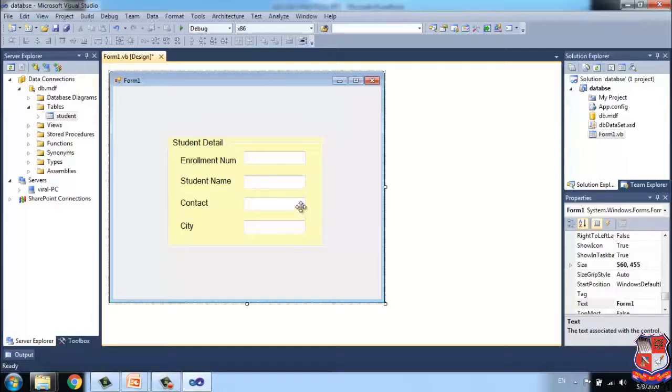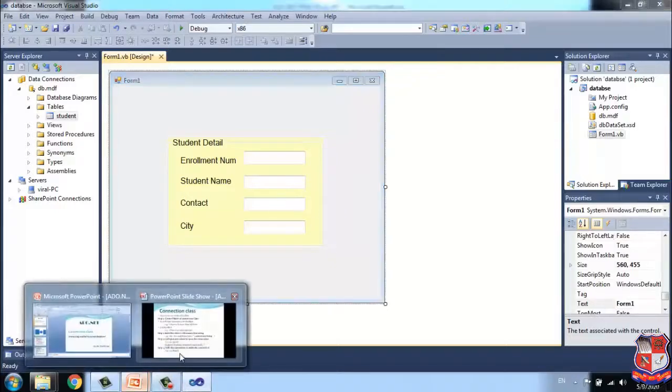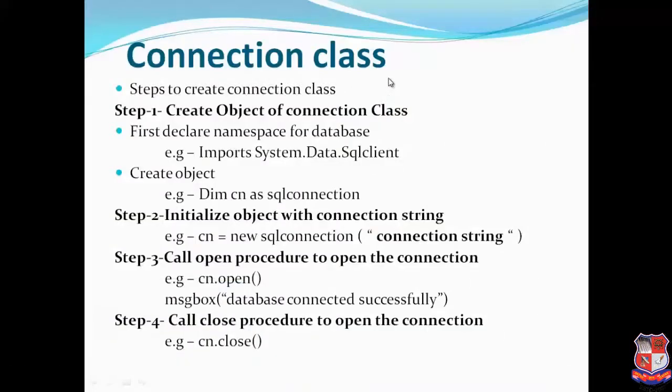In ADO.NET there are 4 classes we saw in the last video: first is connection, second is command, third is data adapter, and fourth is data reader. We are seeing the first component, the connection class, in this video. For creating a connection class there are simple 4 steps. The first step is to create an object of the connection class.